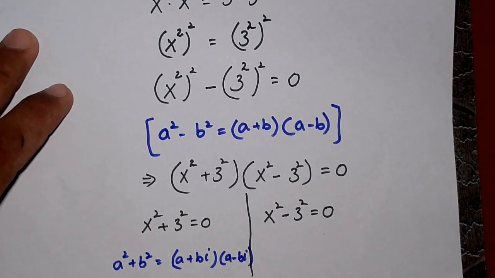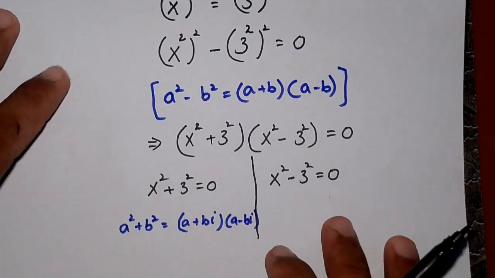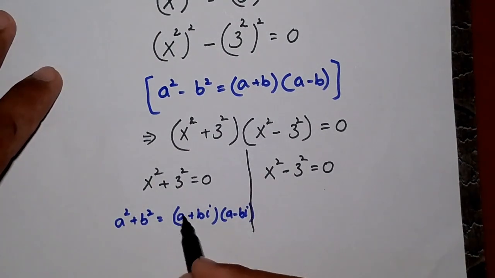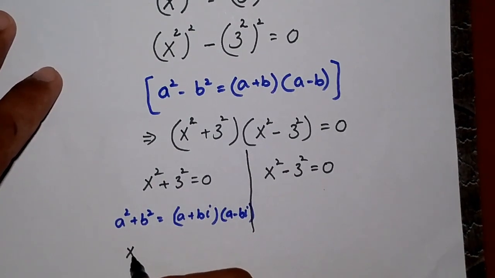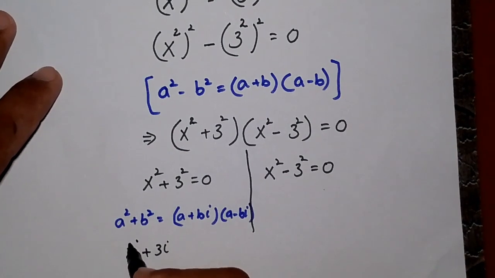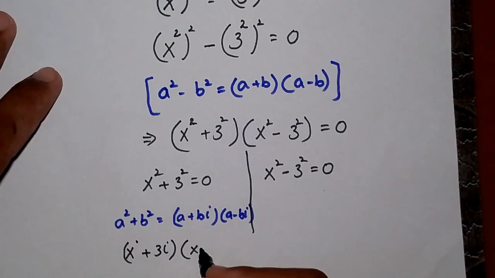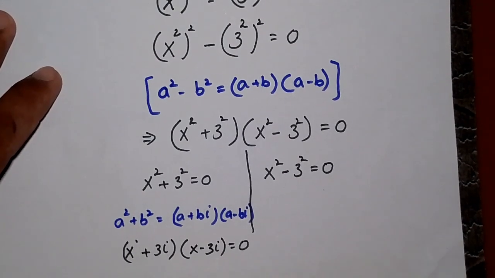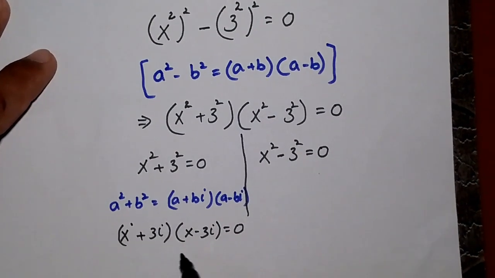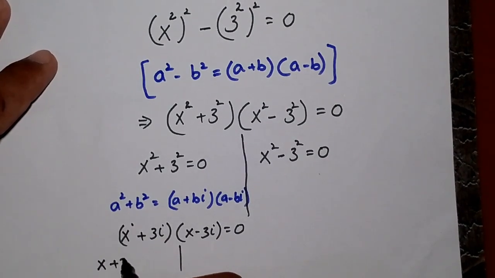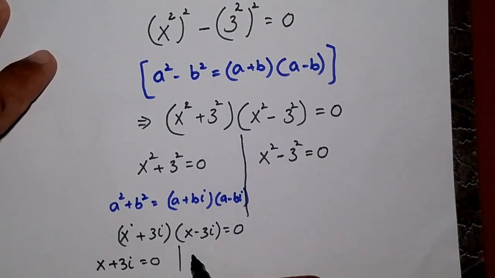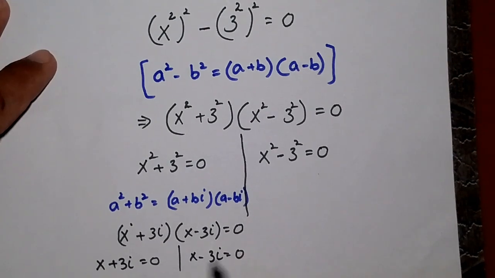So this will become x plus 3i bracket times x minus 3i is equal to 0. Now again there are two cases. The first is x plus 3i is equal to 0, and the other is x minus 3i is equal to 0.